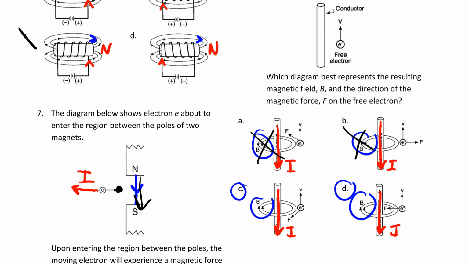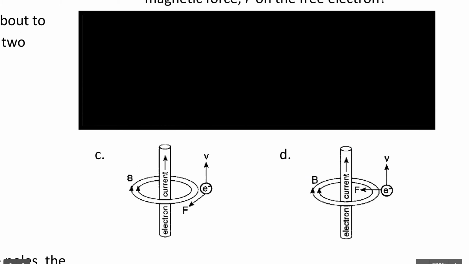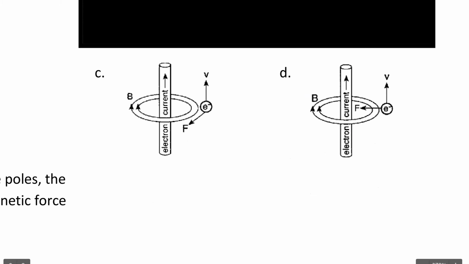Okay, let's erase this, and then let's do right hand rule number 3 now that we know what direction the magnetic field is pointing. Let's get these options out of there. We don't want those. Let's zoom in on these two.